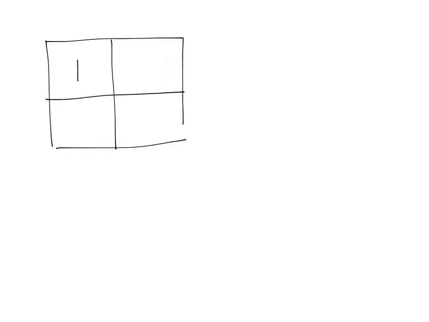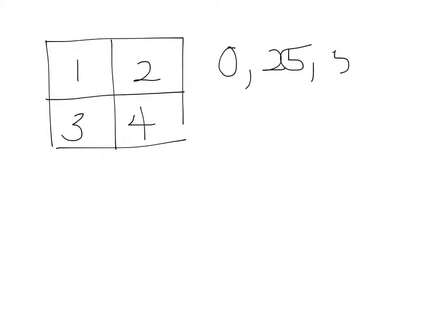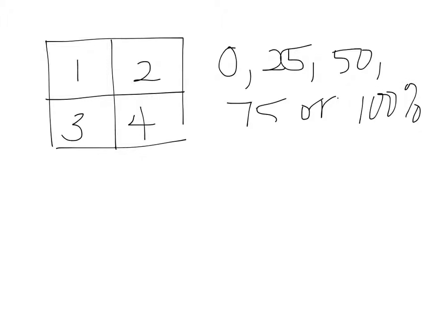And remember, Punnett squares just have 4 boxes, which means the fractions or the probability behind it are simple. It's either 0, 25, 50, 75, or 100%. So that makes things pretty simple.